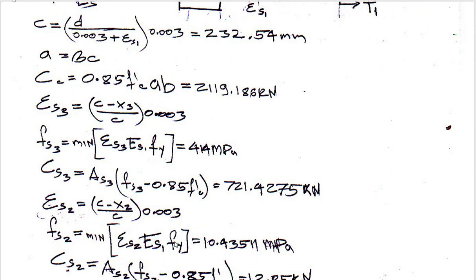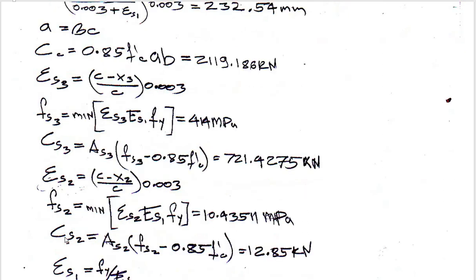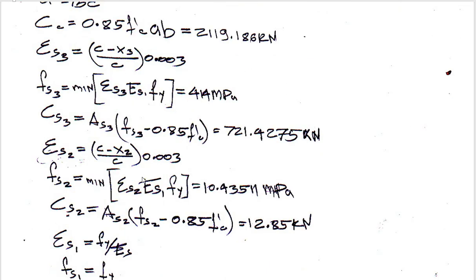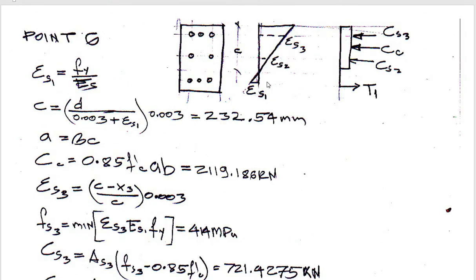And then you compare that with 414. Okay, so lumalabas na ang actual stress in steel 2 is less than 414, kaya okay lang yan. So, compression in steel 2 now would be AS2 multiplied by 10.43 minus 0.85 F prime C divided by 1,000 would give you 12.85.